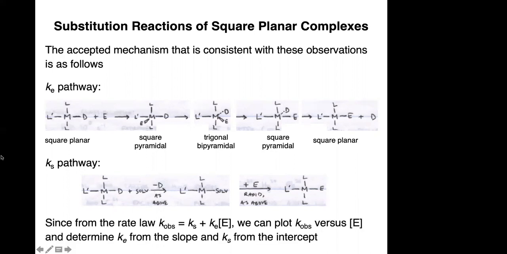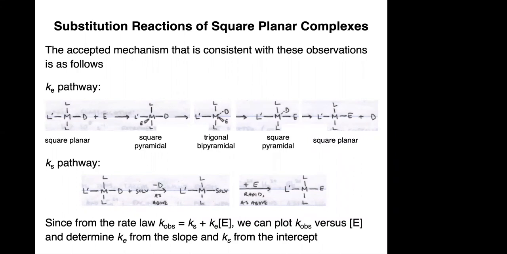All right. So if we look back at the rate expression that's generally observed, we can write K observed for the experimental observed rate law as having these two terms.